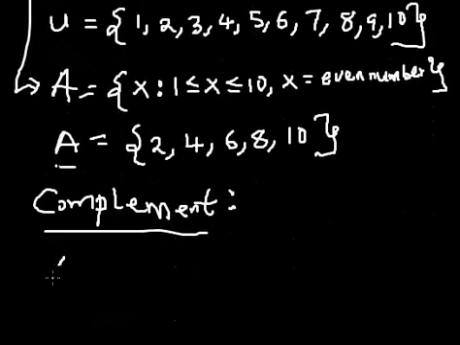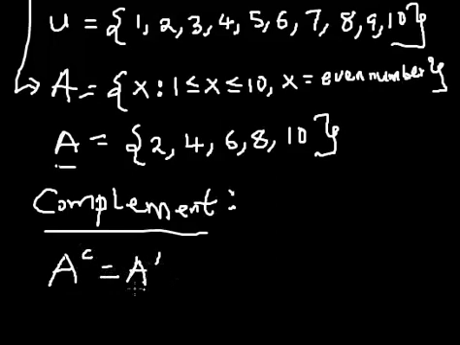If I want to make you understand it better, we use A complement or A prime. You may also see A raised to the power C or A raised to the power prime. It's something like doing the universal set difference A. So I'm subtracting A from the universal set, and what I have becomes the complement.